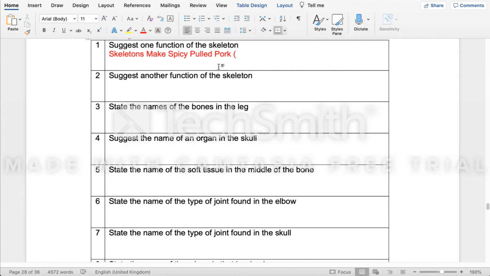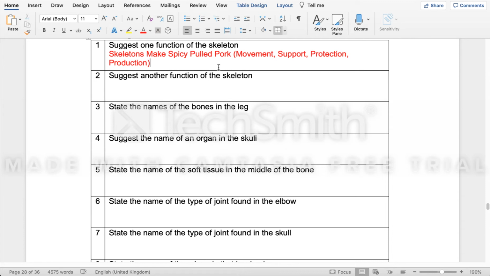So you have movement, the M; the S stands for support; one of the P's stands for protection, and the other one stands for production. And we know that production actually refers to the production of blood cells, red and white blood cells.